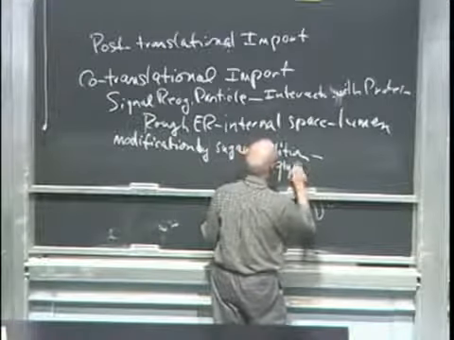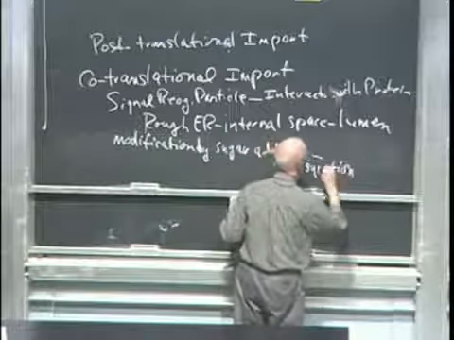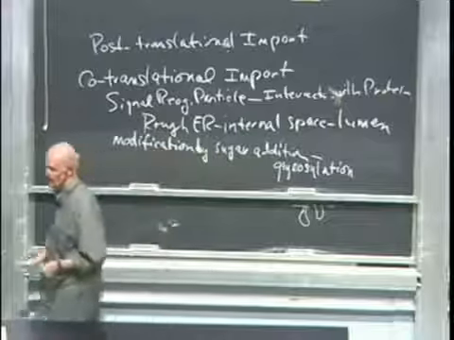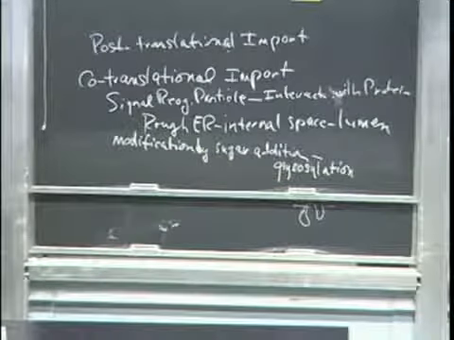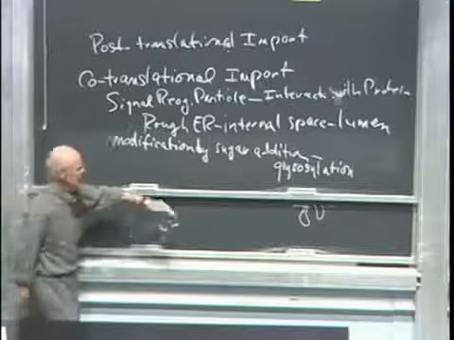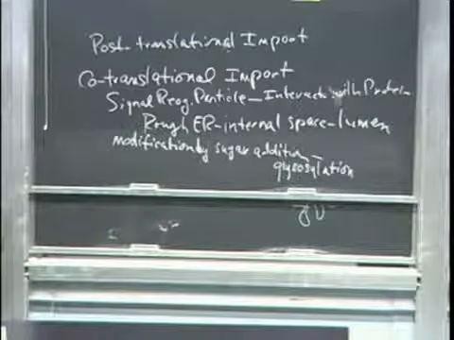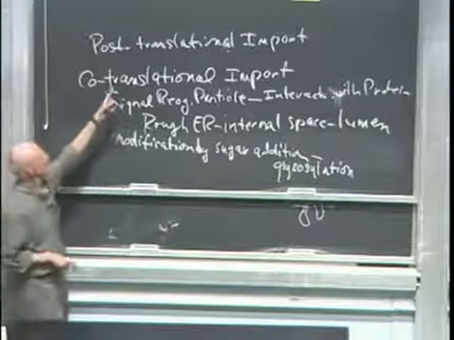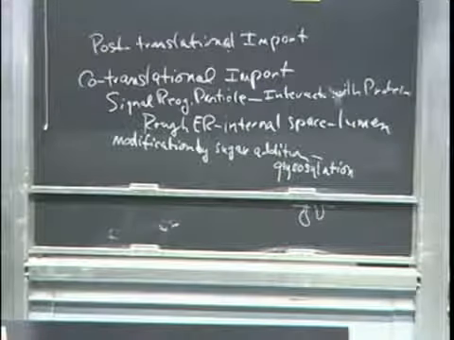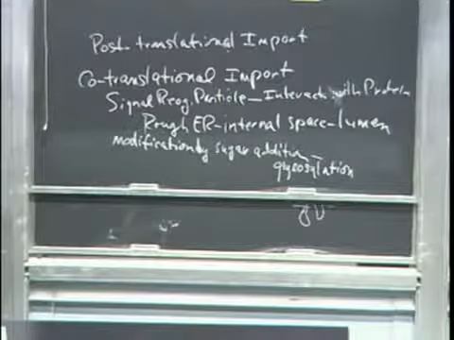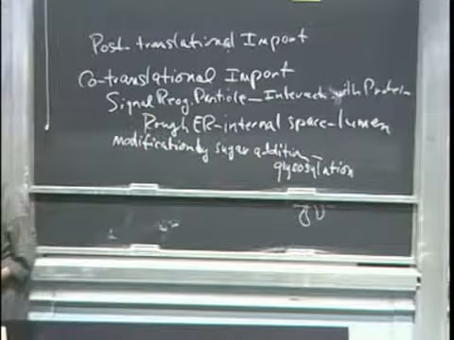Glycosylation. Glycosylation is the addition of sugars to proteins. So protein molecules entering the rough ER space are becoming glycosylated, and then it's the sugar group that is actually targeting these proteins to different places. So it's a little different than post-translational import, where it's the sequence at the N-terminal end that is directing these proteins to various places.